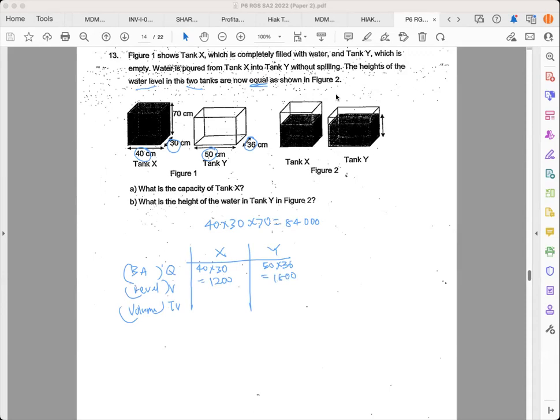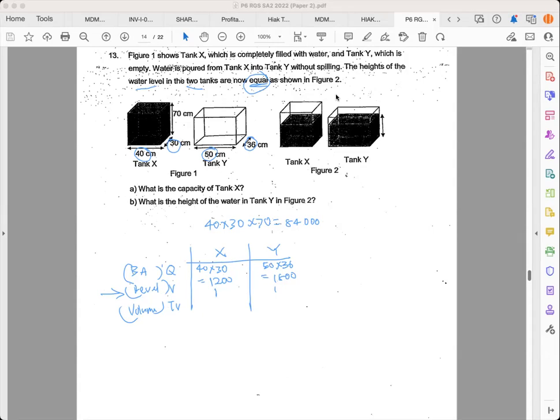The water level here represents the required water level in the end. The required water level in the end is equal, which you can present as 1, 1. You can present it as 2, 2 or 3, 3, it doesn't matter, it just makes the work more difficult. The easiest way, whenever it is equal, is to present it as 1, 1.